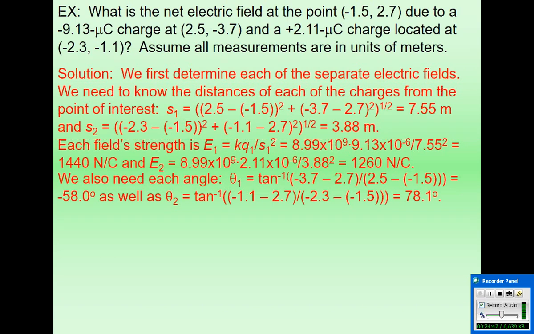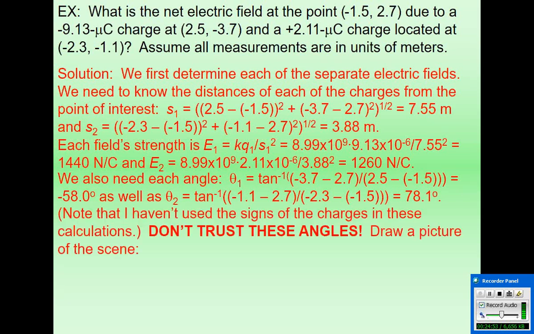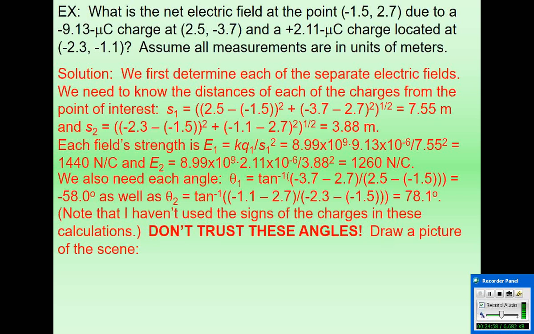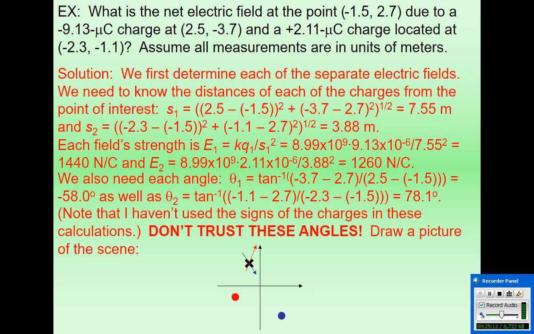For the second one, difference in y divided by the difference in x, I get 78.1 degrees. Now, these are what my calculator says, should I trust my calculator? Never trust your calculator when you are taking inverse tangent. Verify. Let's draw a picture of what's going on.